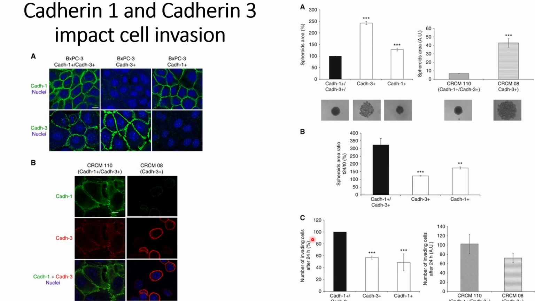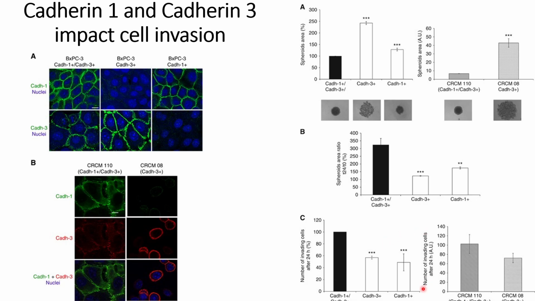When they checked the invasion assay on the 2D model, they again saw that the BXPC3 wild type cell lines have more invasion compared to the cases where Cadherin-1 or Cadherin-3 is knocked down. Since cell adhesion does not play a role in the invasion here, they rule out the possibility that the lower invasion is due to adhesion.